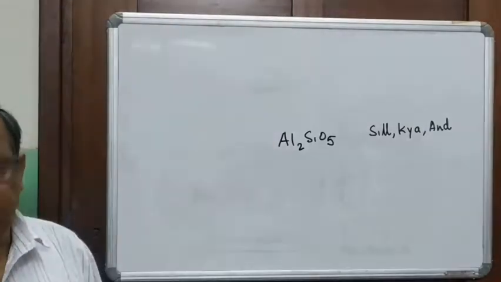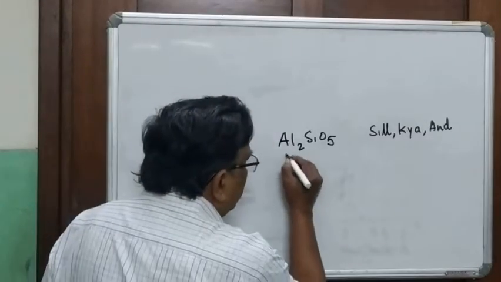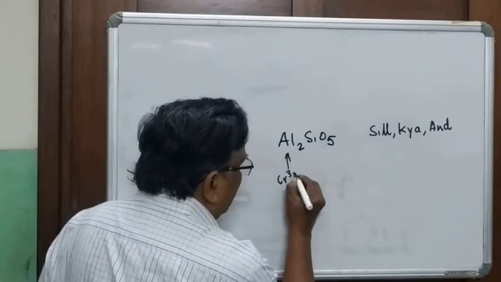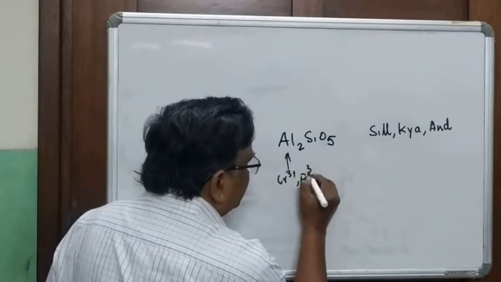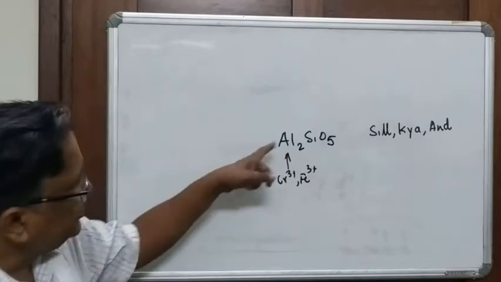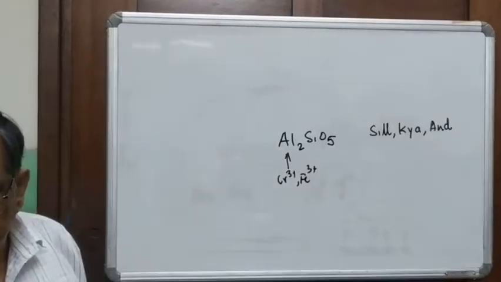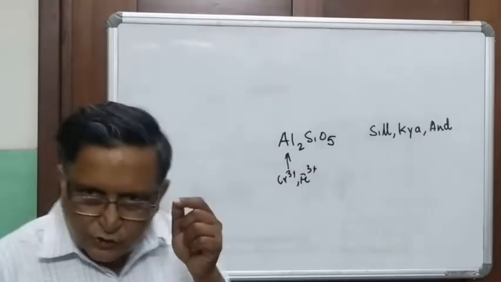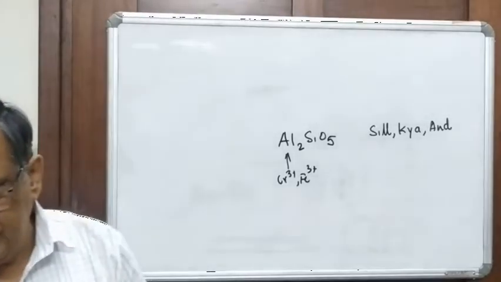This is an idealized formula. Why? Because chromium 3+, ferric iron 3+, goes into many of these solid solutions. Small amounts of sodium also go in.